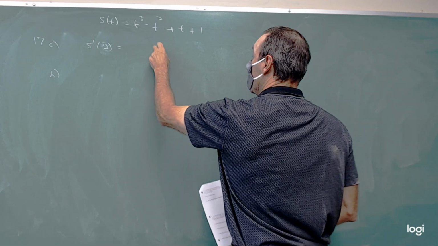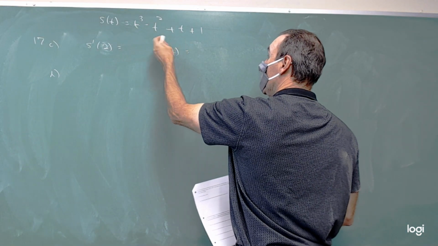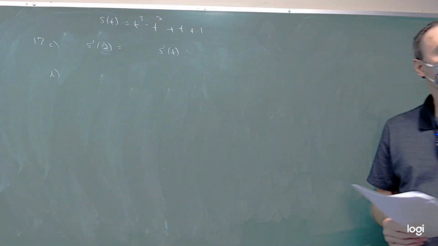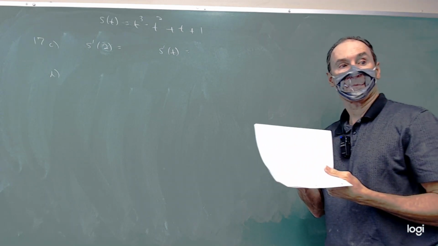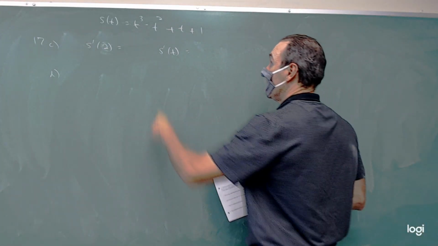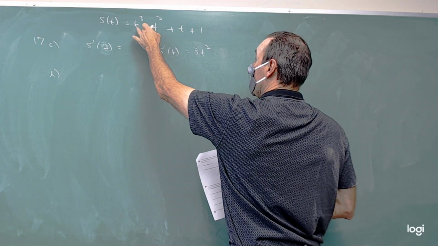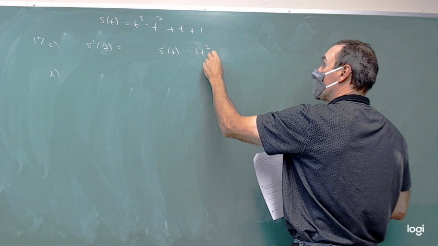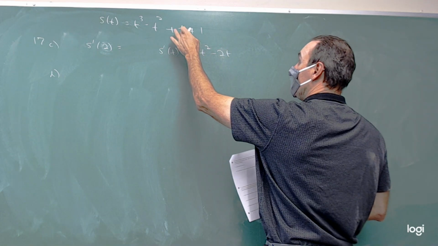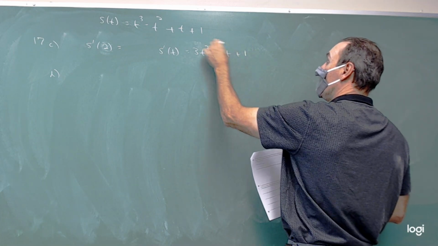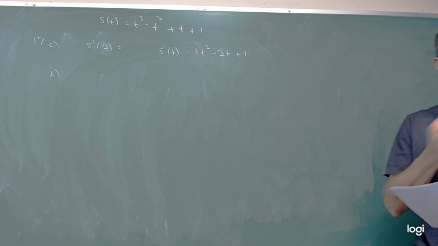So the derivative, s prime of t, we can use our shortcut power rule on this. The derivative of t to the third is 3t squared. The derivative of minus t squared is minus 2t. The derivative of t is 1, and the derivative of 1 is 0. Okay.